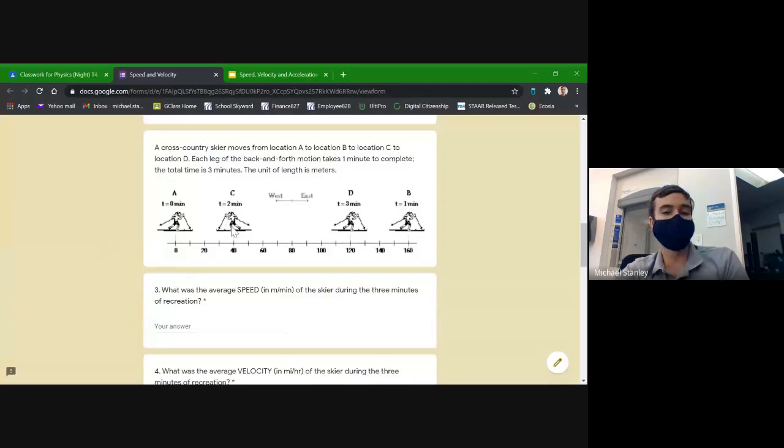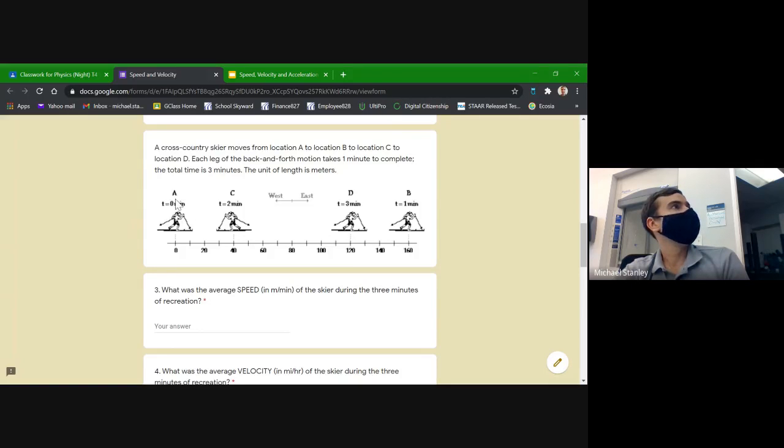So up next, we have a little skier down here. And the skier is moving back and forth across this track right here. So the track has the numbers laid on it, kind of like a football field, only in meters, not yards.